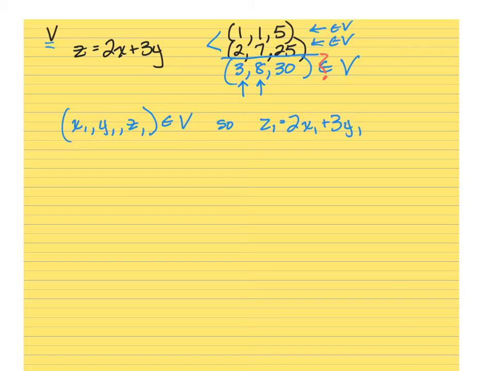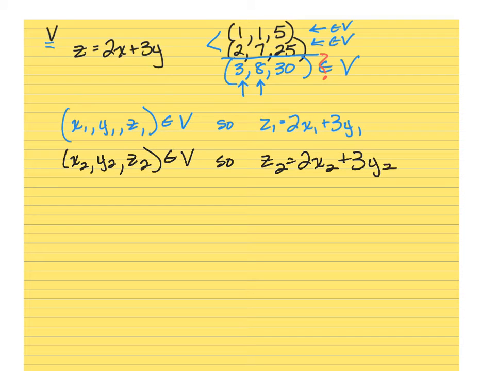Well, let's take another one. Here's another one, x sub 2, y sub 2, z sub 2, also in V. So what does that mean? That means z sub 2 is equal to 2x sub 2 plus 3y sub 2. Okay, so those are 2 general vectors. If I want to show that this is closed under addition, I need to add these 2 vectors together.